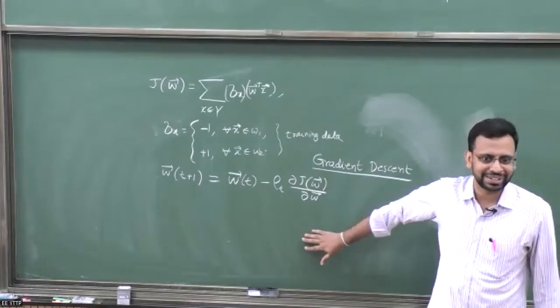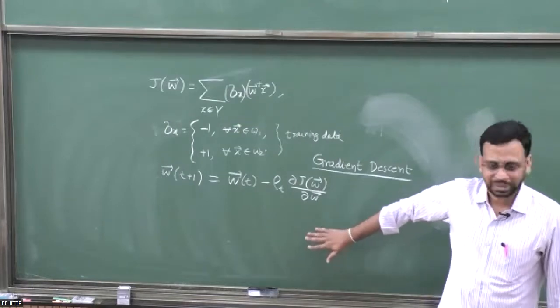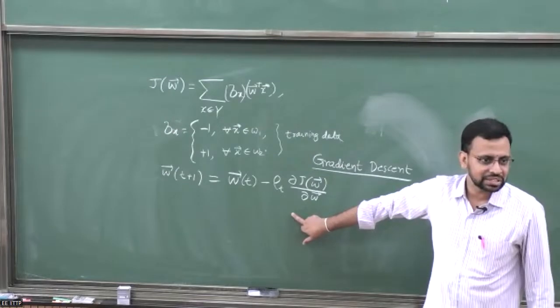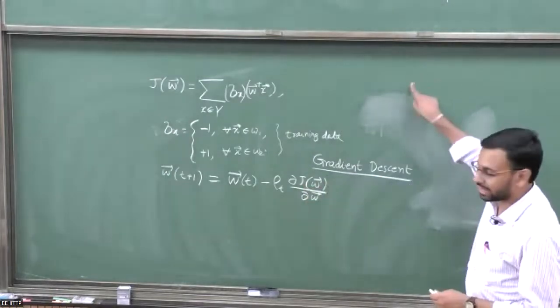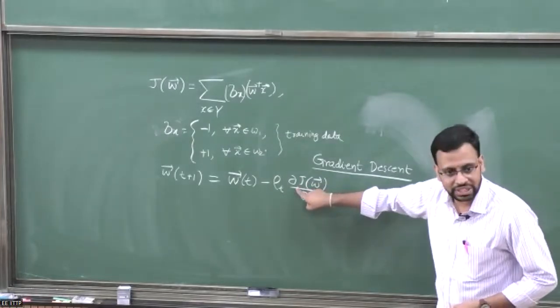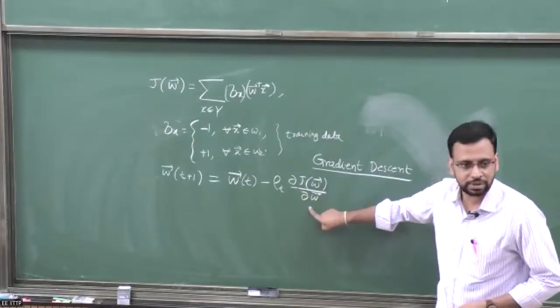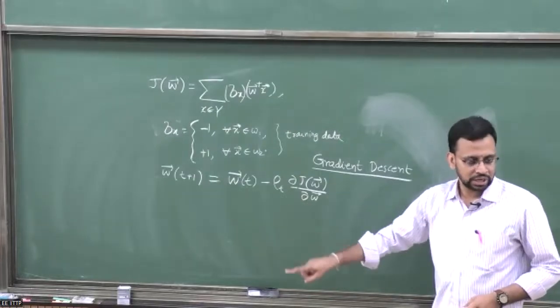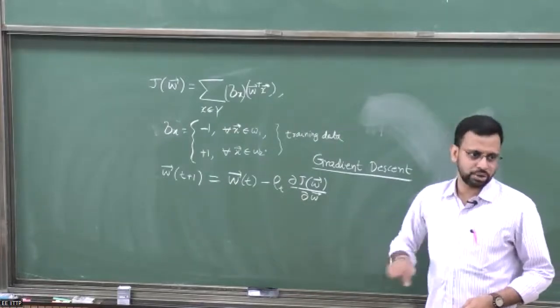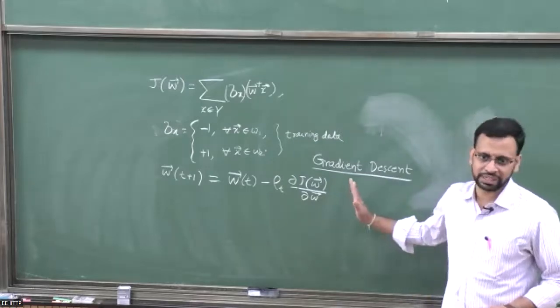Otherwise, all of a sudden it looks like a scalar. This is like the gradient that we discussed in image processing. This is equivalent to having a vector where the first element of the function J will be with respect to w1, w2, and so on till wL and w0. Keep that always in mind.